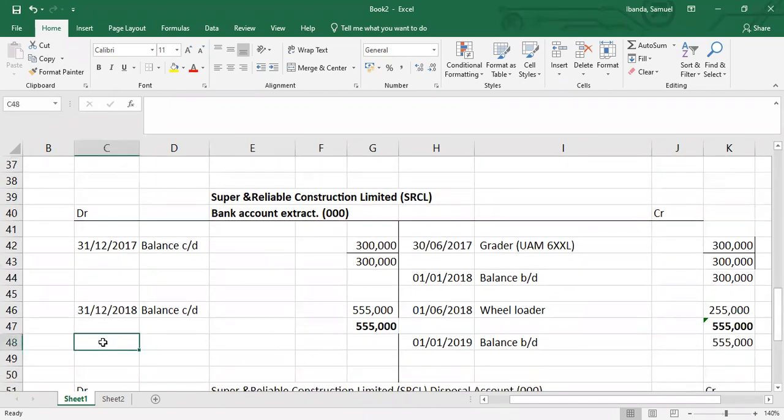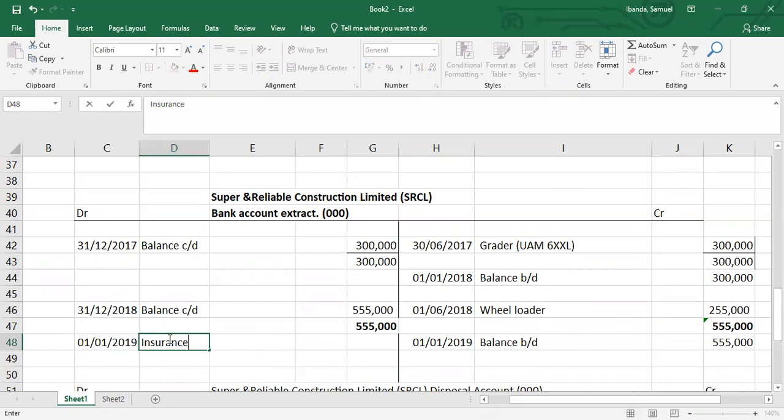Now, since it was money coming in, I'll recognize it in my bank account. Insurance recovery, and it was worth 120 million.